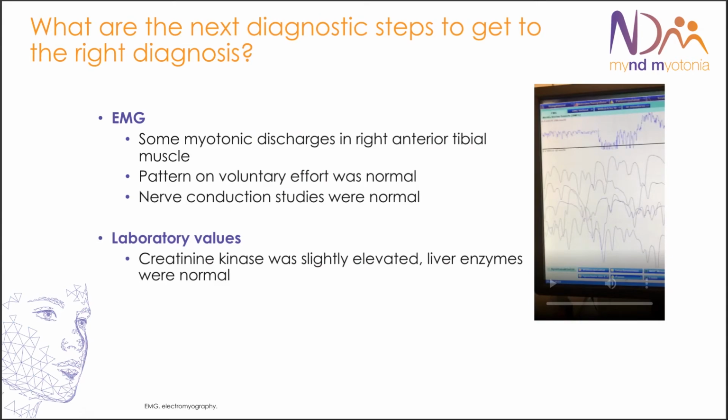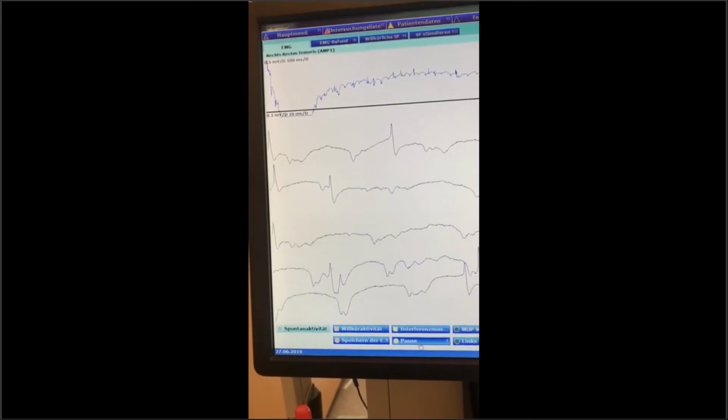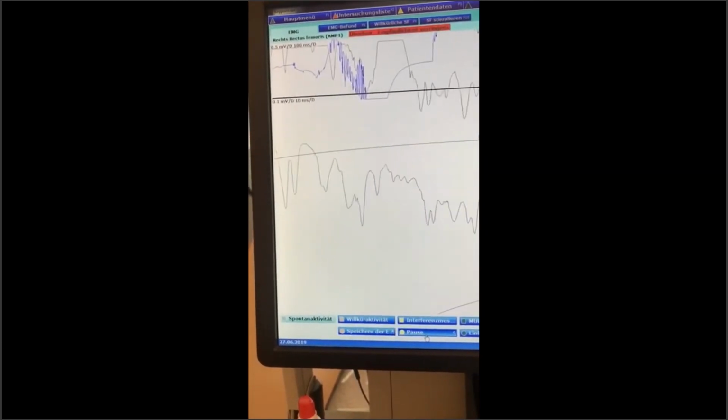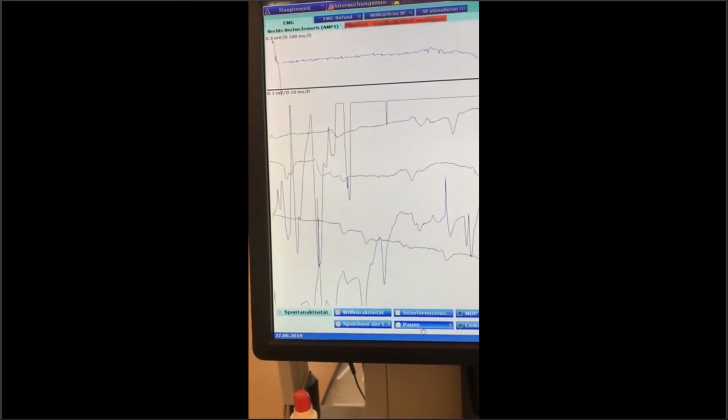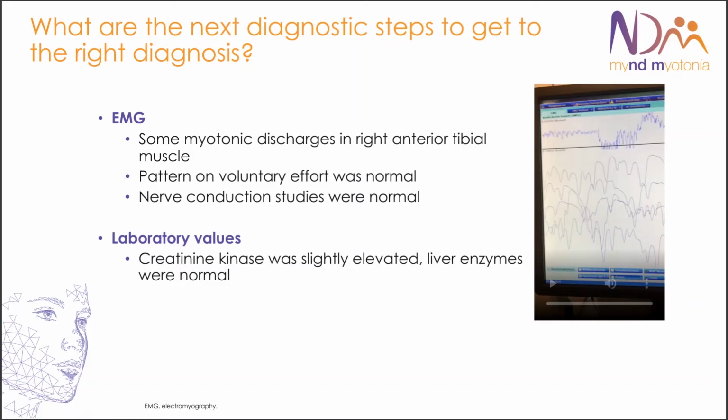In the next slide, so the pattern on EMG on voluntary effort was normal. Nerve conduction studies were also normal.